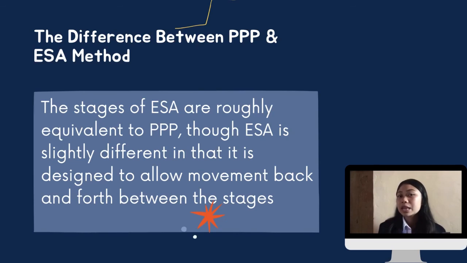Both elicitation, drawing language from the students by use of questions, prompts, and cueing, and engagement are important in raising student motivation, but both can just as easily and should be used in the presentation stage of the PPP. ESA is a superior method to the PPP when both are evaluated from a practical point of view.